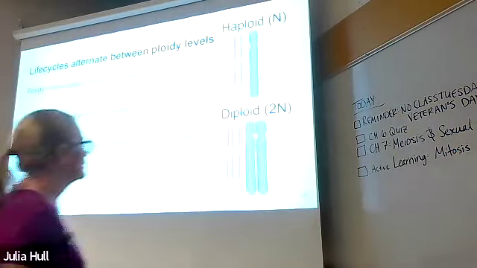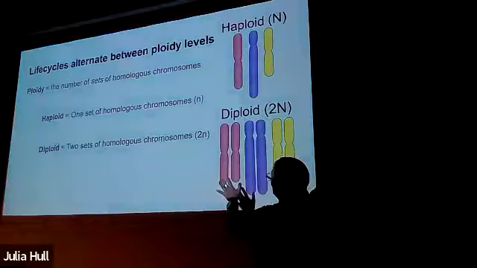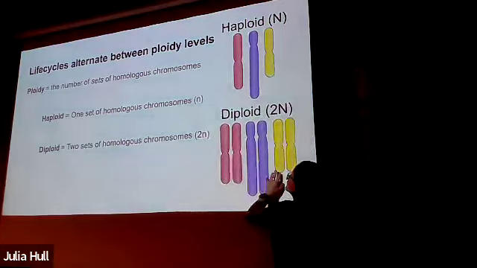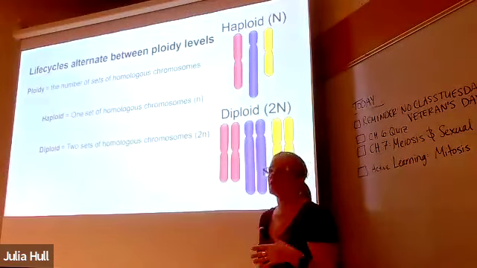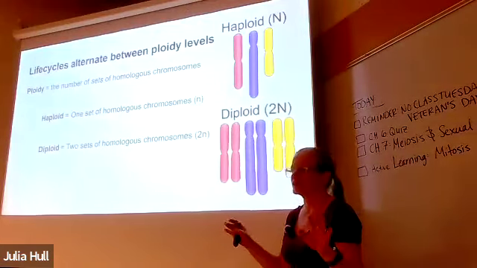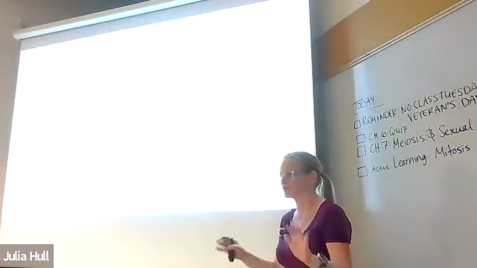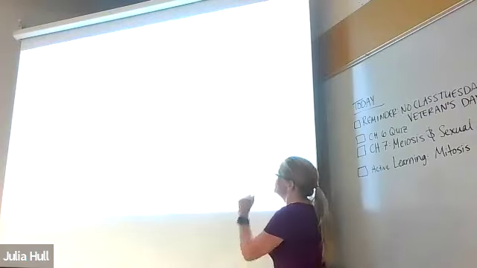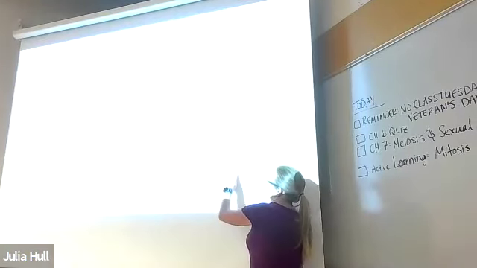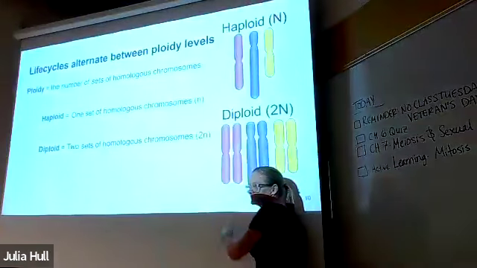Okay, homologous chromosomes only exist in diploid, or this isn't technically true, but we're not splitting hairs. So we're going to pretend like this statement that I'm going to say is true. Okay. Homologous chromosomes only exist in diploid organisms.